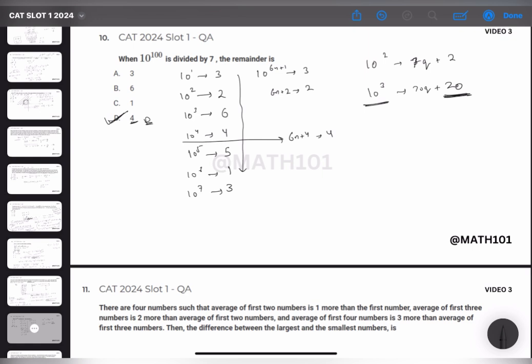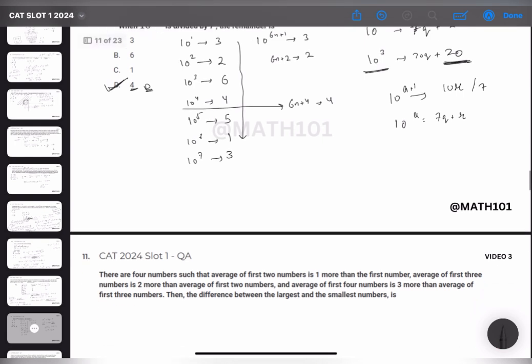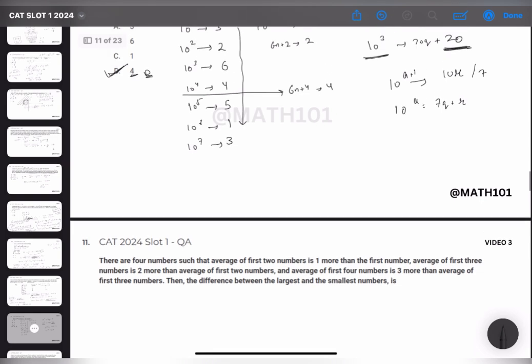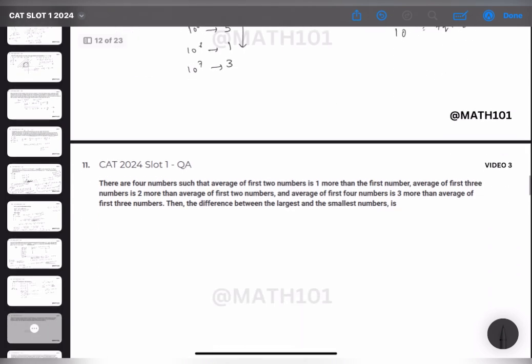So to find the remainder that 10 to the power of a plus 1 leaves when divided by 7, we just did this: if 10 to the power of a equals 7q plus r, then the remainder that 10 to the power of a plus 1 leaves by 7 is the same as the remainder that 10r leaves when divided by 7. This is the trick that we used. So the answer is D. Moving on.